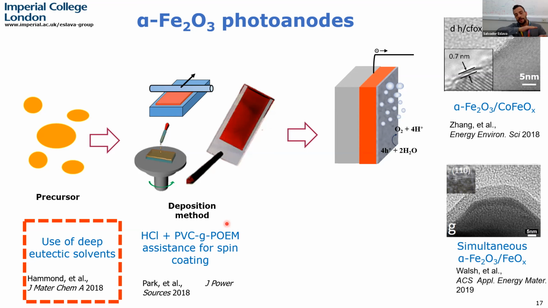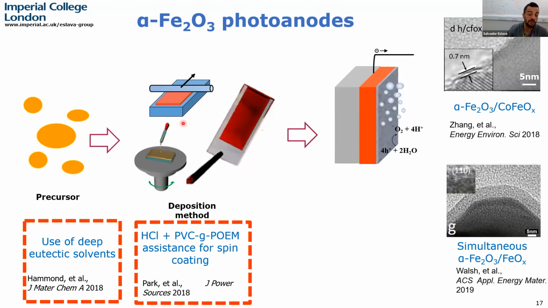And this way we could prepare very nice inks that form nice photoanodes with very good photocurrents. So these were methods to prepare hematite.